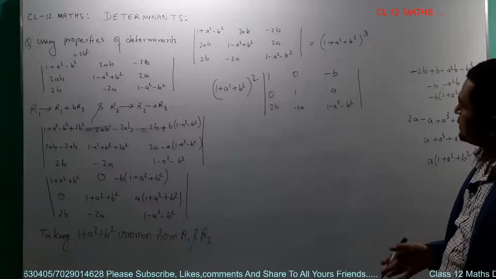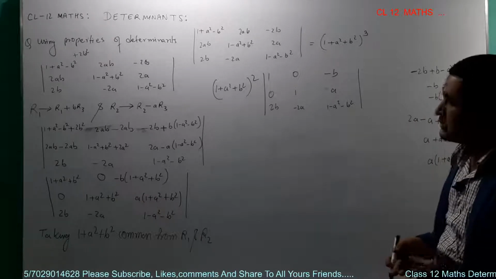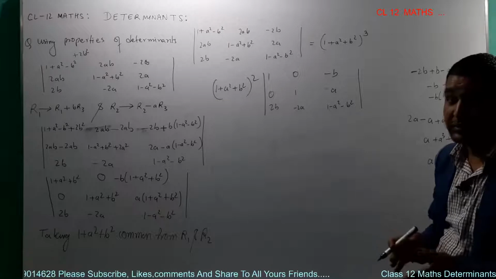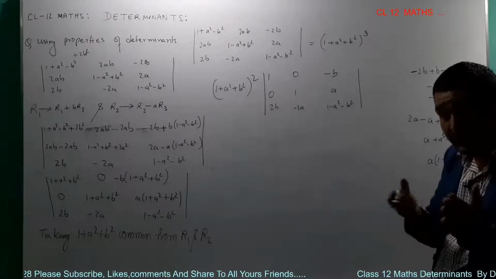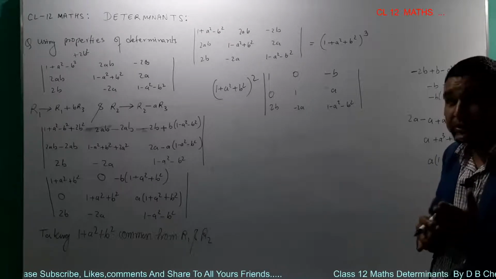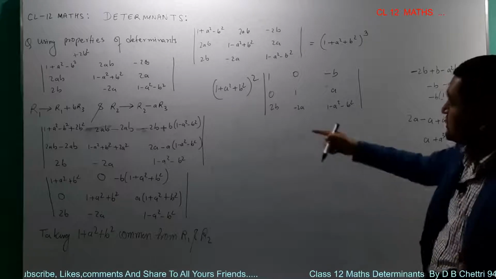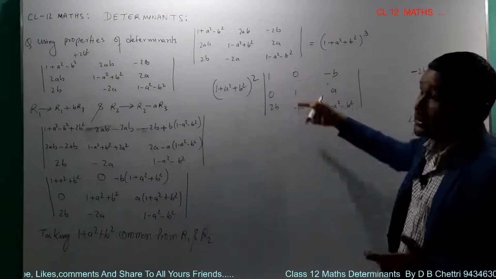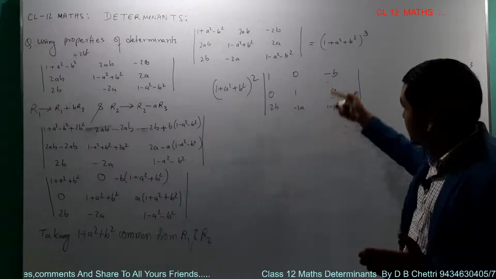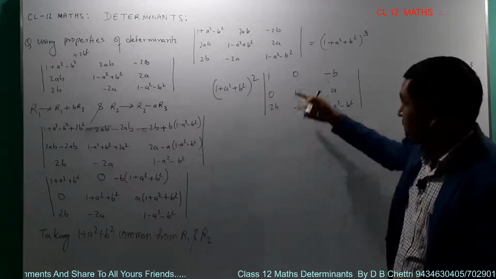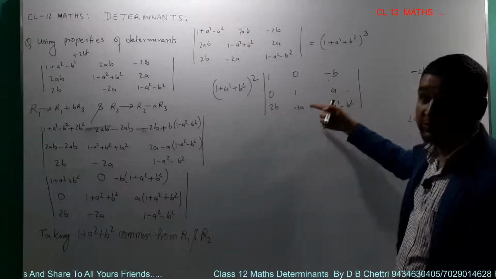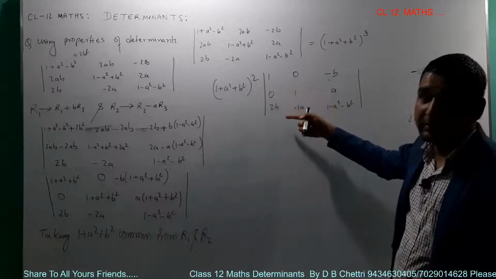If it is possible to make one more 0, good, otherwise we will do expanding. If it is not possible to make two zeros continuous along any row or column. Okay, 2 zeros are there, but they are not continuous along any row or column. If possible, try to make 0. If not possible, since the determinant has already come into simple form, we can expand to solve it.